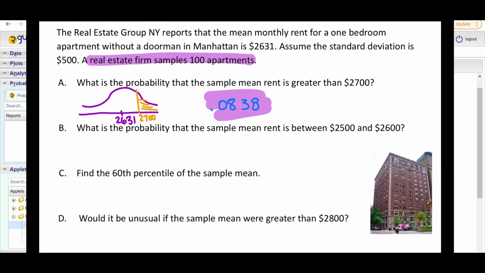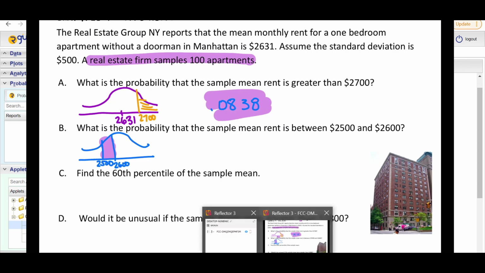All right. Next, what's the probability that the sample rent is between 2,500 and 2,600? So same thing, the mean is still 2631, the standard deviation is still the standard error, which is 50.